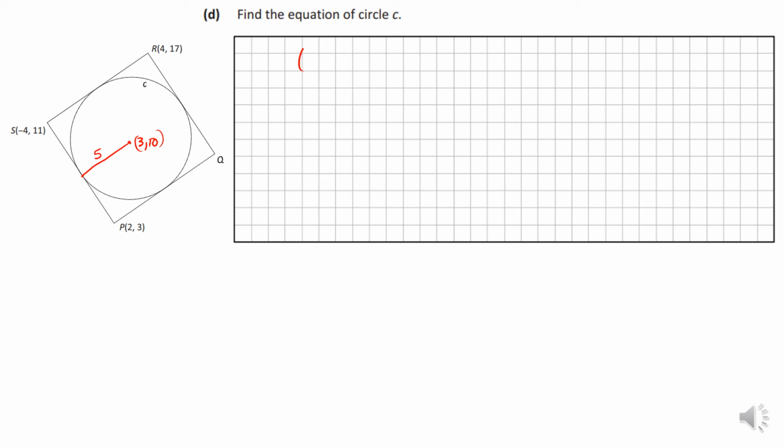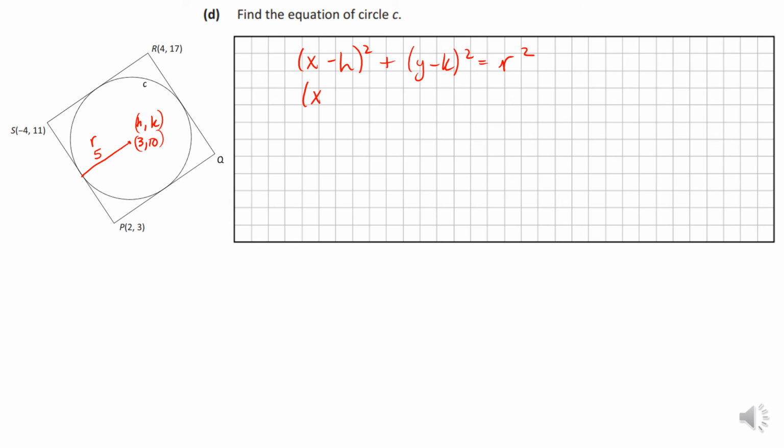To get the equation of a circle, you do (x − h)² + (y − k)² = r², and our h is 3 in this case, and k will be 10, and our r will be 5. So it's just substitution now.